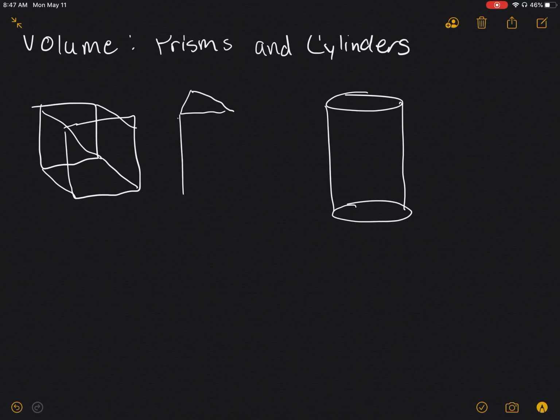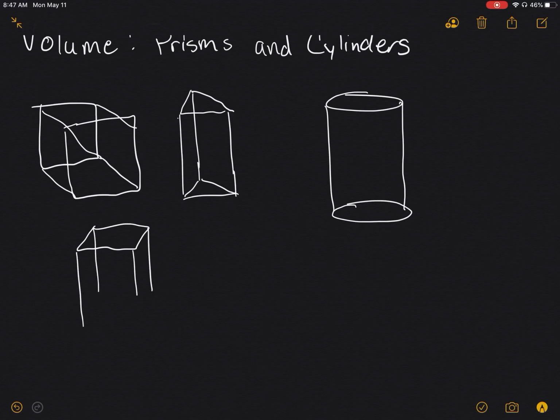That gets translated down, and that would be a triangular prism. This would be a cube. A rectangular prism would be where we have a rectangle that we translate down, right?